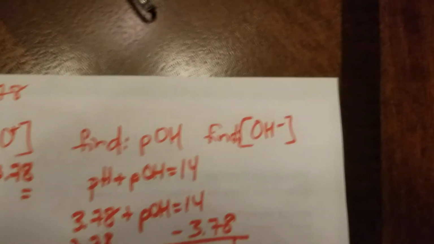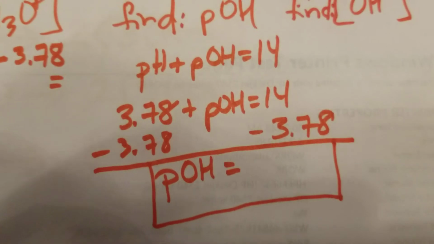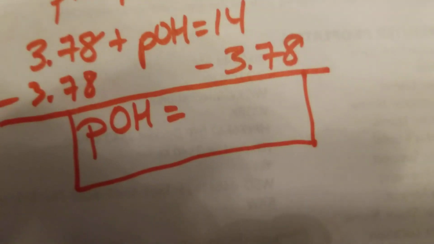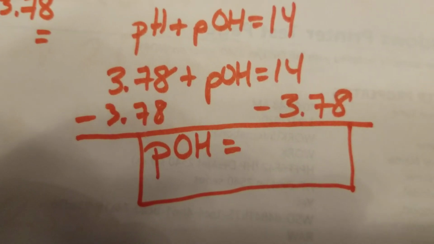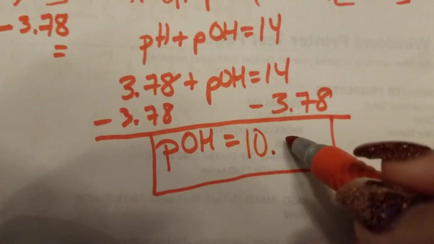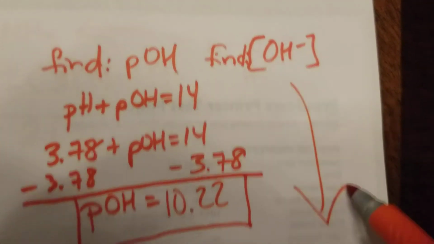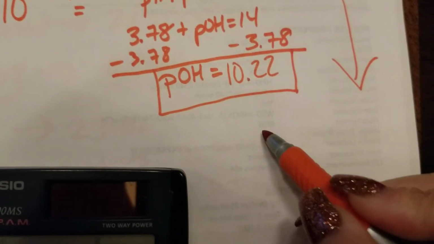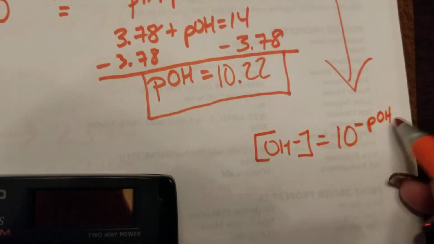Okay? And for the last one, find OH minus. Well, that's easy because now I have pOH. So let's calculate pOH real quick. 14 minus 3.78 equals 10.22, right? So I'm going to find the concentration of OH minus by going: concentration of OH minus equals 10 raised to the negative pOH.